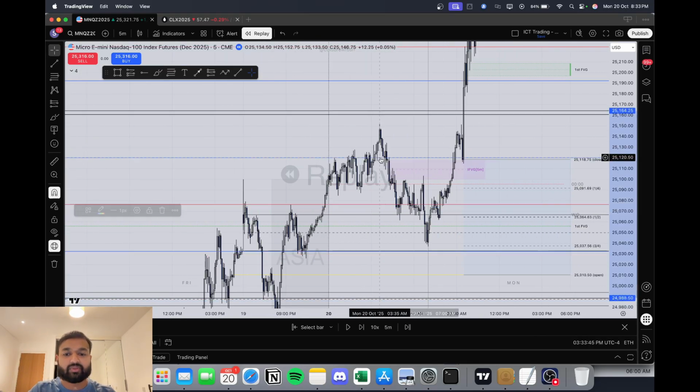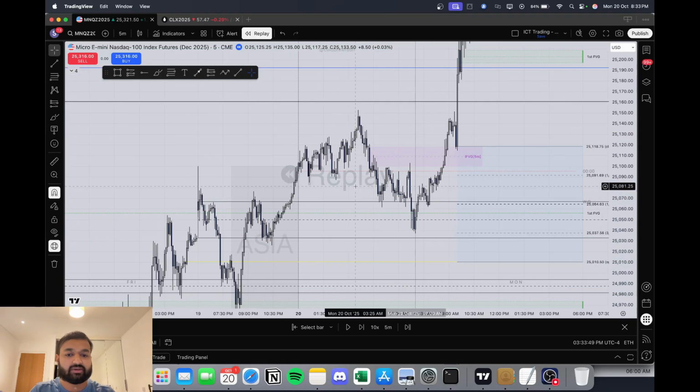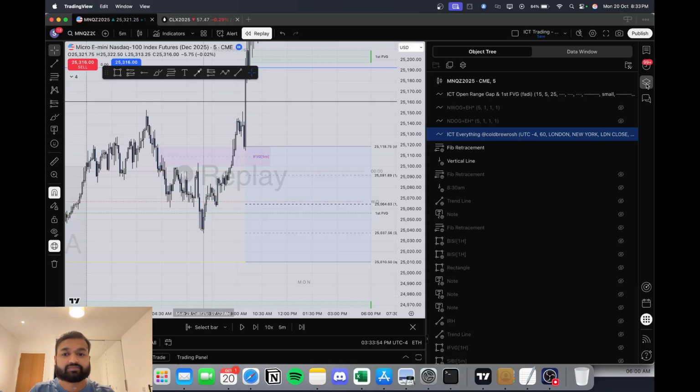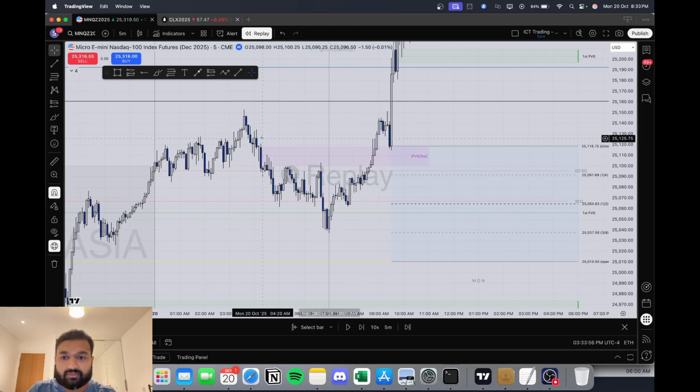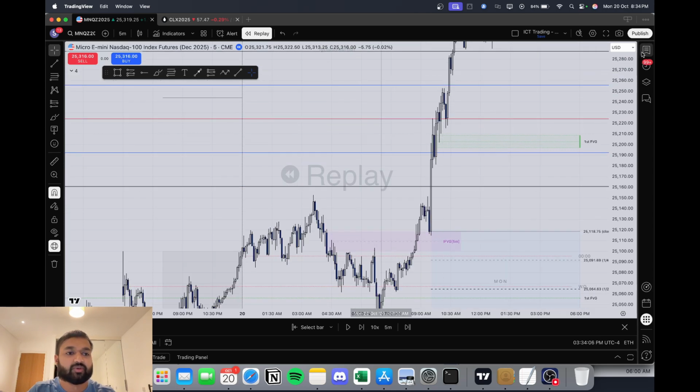Let me remove some stuff so you can see clearer. New week opening gap. So you can see this fair value gap just before we make a high is what we retrace to before we just instantly start rocketing higher.